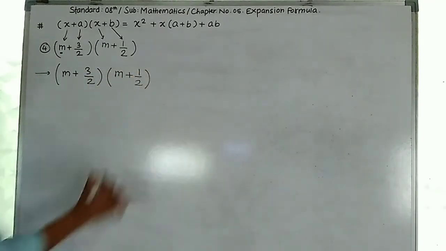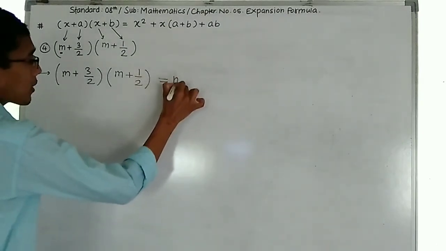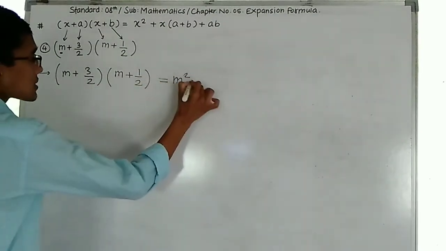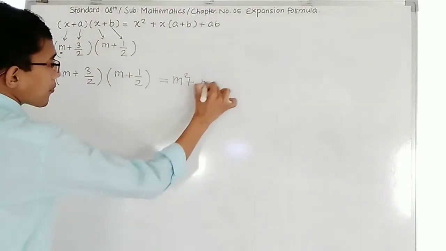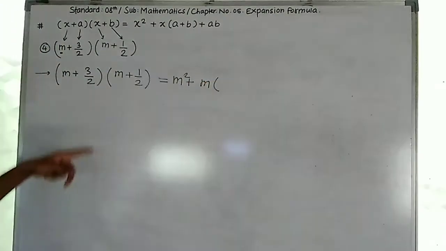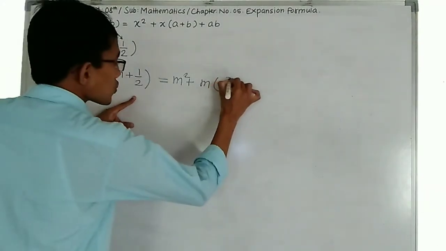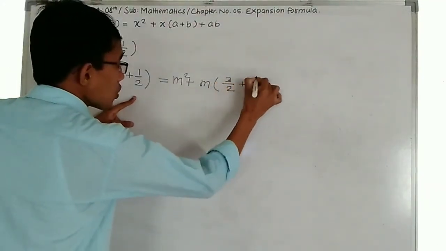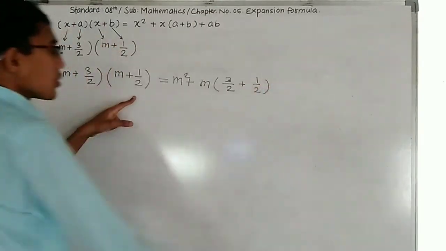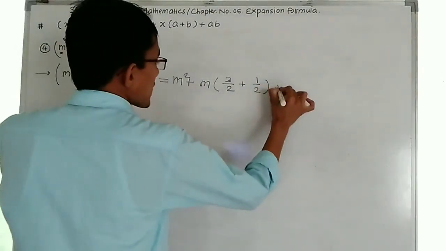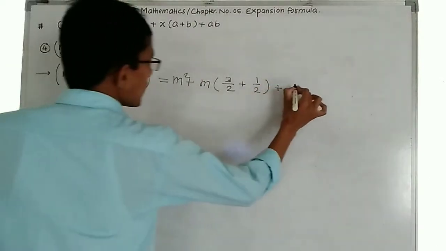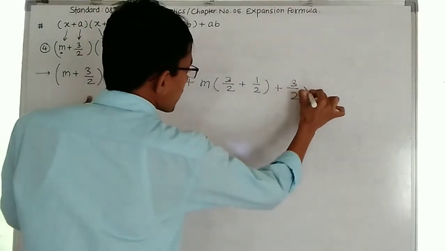The formula: m square, okay, plus m into a plus b, so 3 by 2 plus 1 by 2, so 3 upon 2 plus 1 upon 2, okay, then plus ab, so a is 3 by 2 and b is 1 by 2.